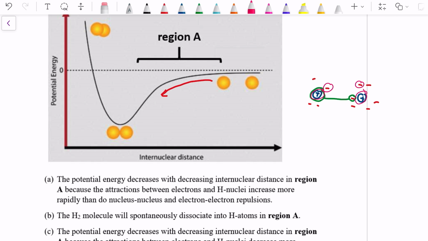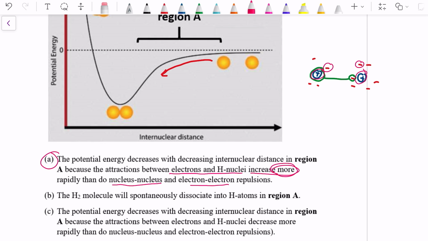And it has to overcome that. And that's essentially exactly what A is saying, that the attractions between the electrons and the opposite nuclei are increasing more so than the repulsion interactions. So A is true.